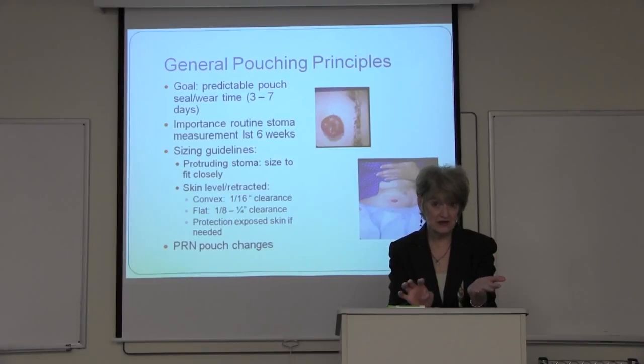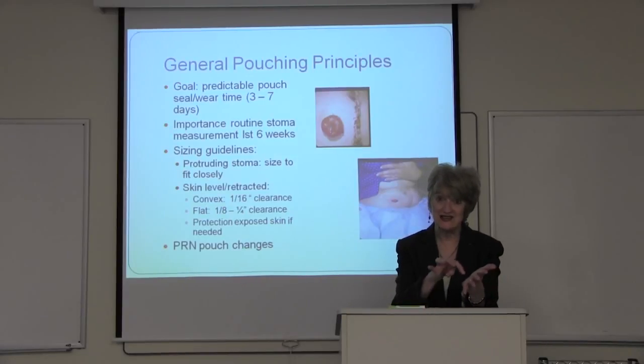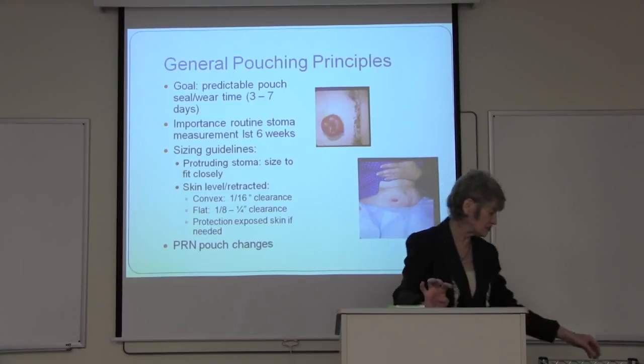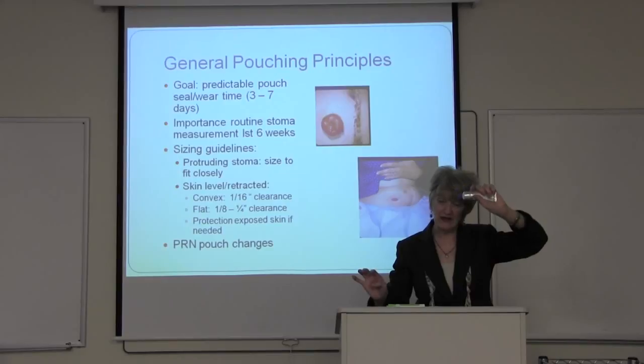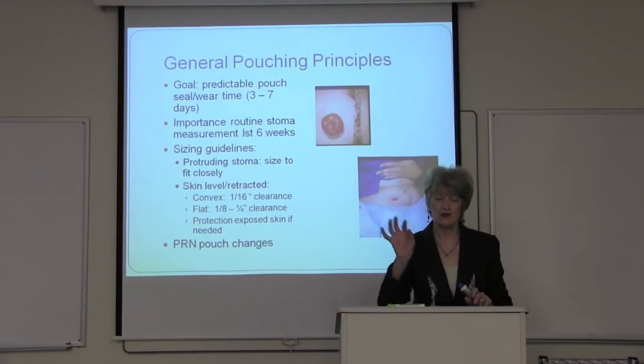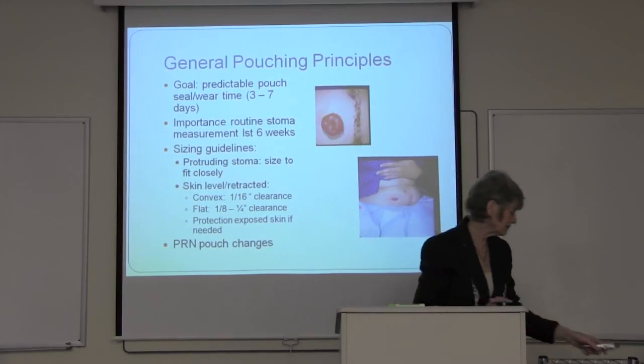If they have an ileostomy, obviously you have to protect that little rim of skin, but that's easy to do. You just put a little ring of paste around the back of the pouch, put it down, that little bit of exposed skin is protected.